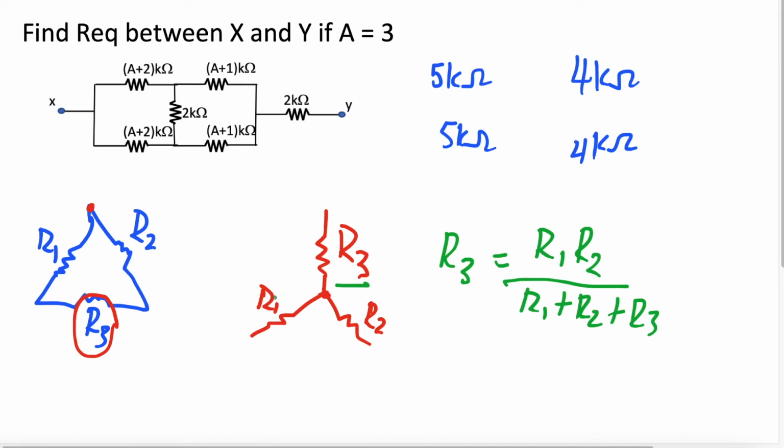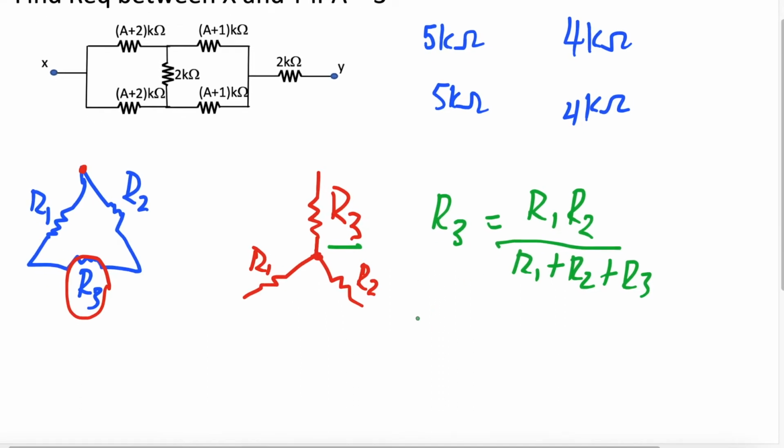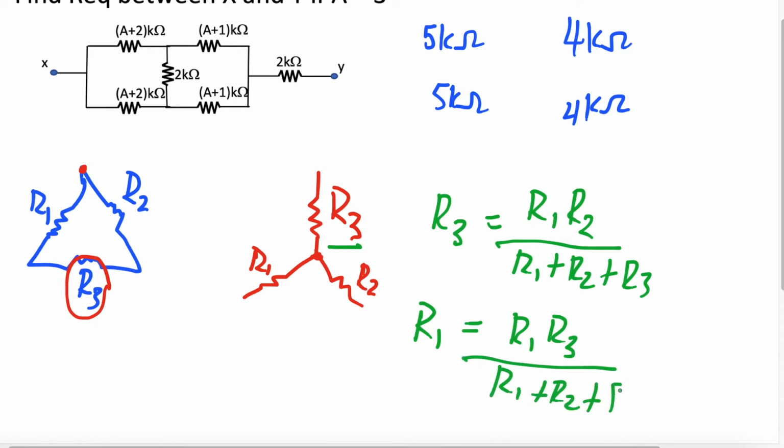Well, what about R1 and R2? Well, what's the rule for R1? R1 is equal to, so we're going to take R1 and multiply by R3, and then the same thing, R1 plus R2 plus R3, right? So we have R1 times R3 divided by R1 plus R2 plus R3.